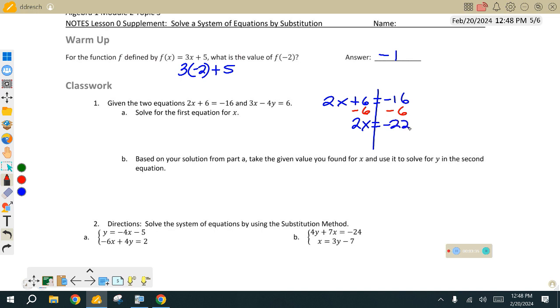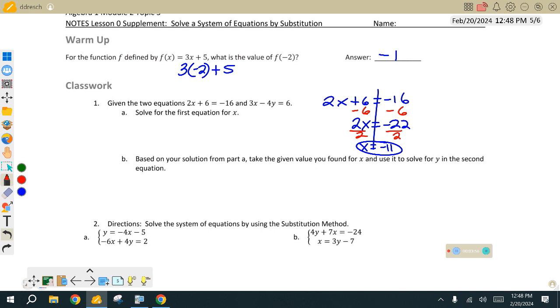I heard a negative 22. Then divide. And then we do our next inverse operation. Divide by 2, and we get ourselves negative 11. Cool.